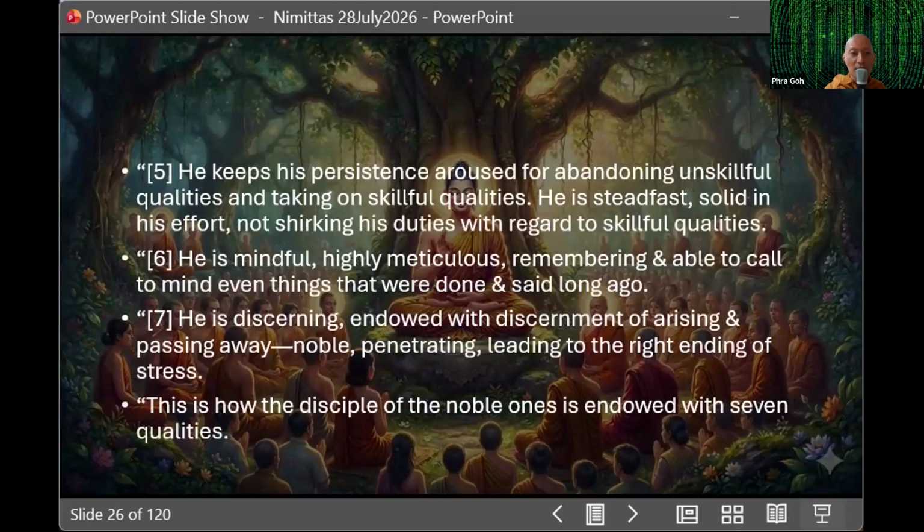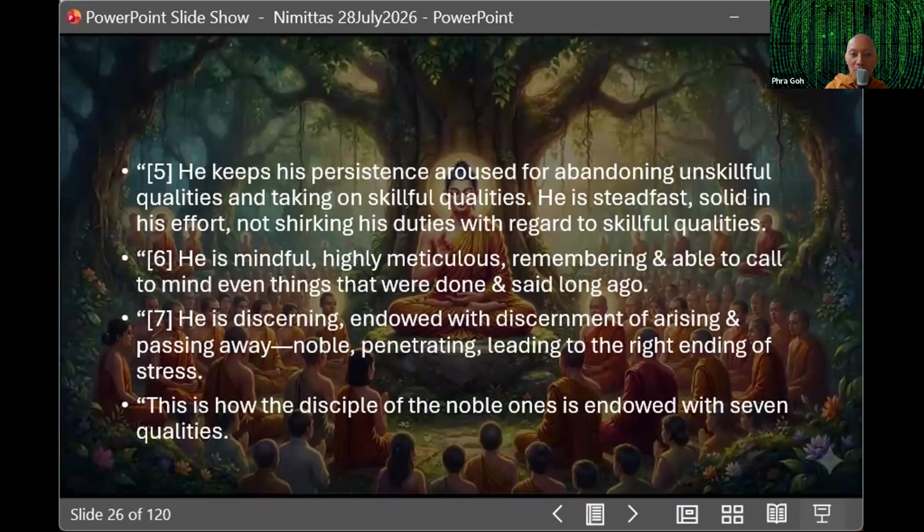So the 5th quality, he keeps his persistence aroused for abandoning unskillful qualities and taking on skillful qualities. He is steadfast, solid in his effort, not shirking his duties with regard to skillful qualities. So down here, the 5th quality means the right effort in the Noble Eightfold Path.